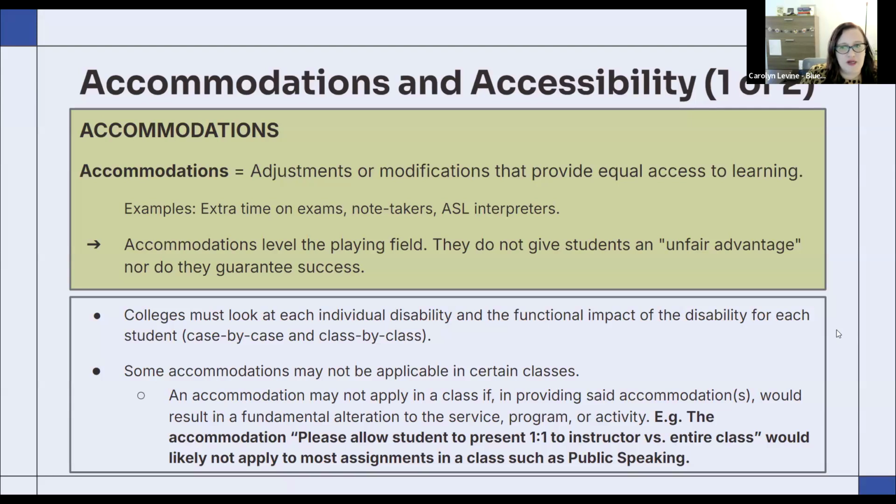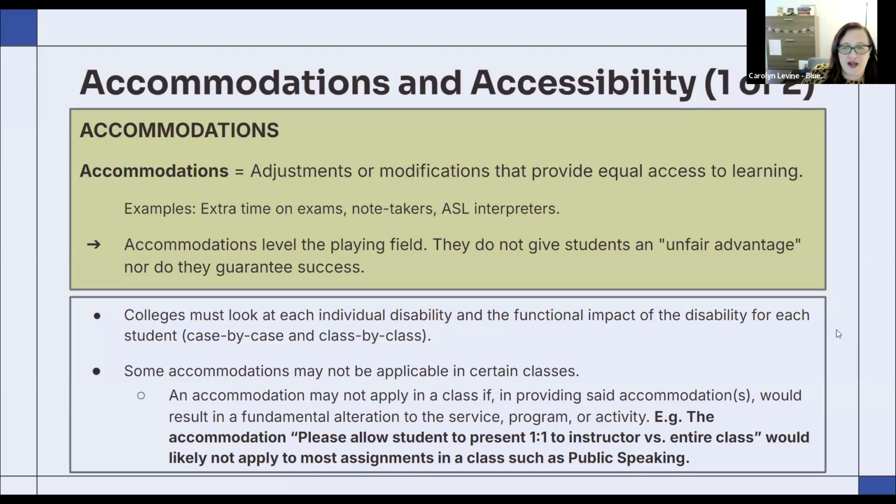And the example that I've chosen is the accommodation, please allow student to present one-on-one to the instructor versus the entire class. This would not apply to most assignments in a class like public speaking, where that is, you know, an essential requirement of the class and of that program is to speak in front of others, not just one person.